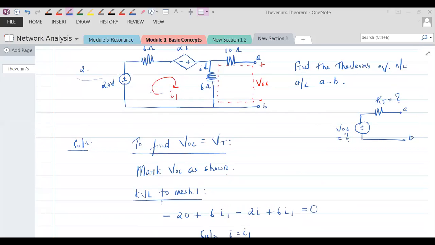Yeah, I'll just do that here. It's minus 6 I1 plus 10 into 0 plus VOC equal to 0. So this is your KVL along the dotted path.